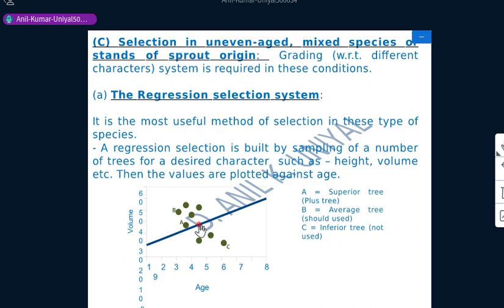Okay, here in this graph plotted for this purpose, the A and B category of trees are selected for the collection of trees under this system.